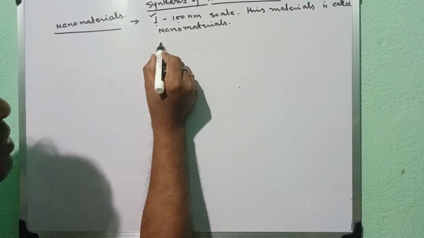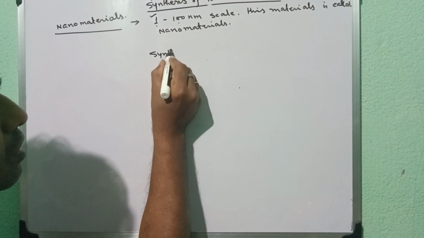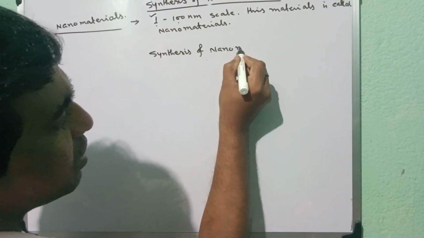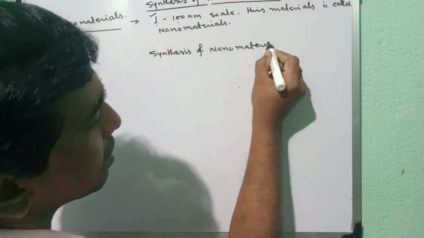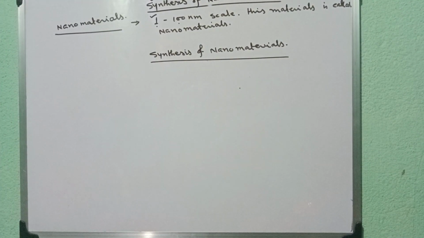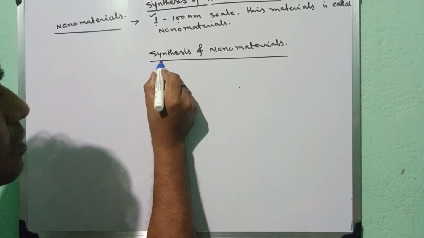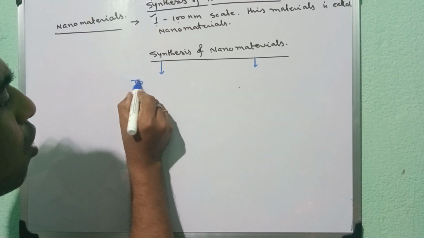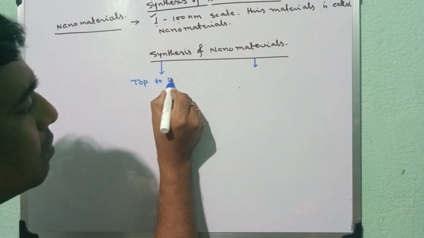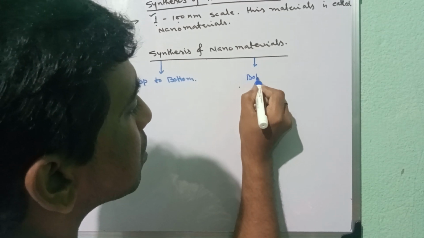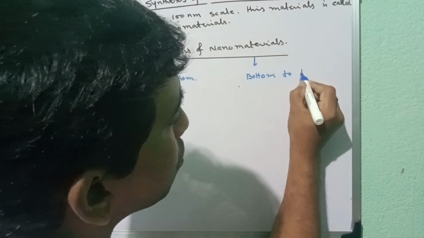Synthesis of nanomaterial means there are two processes. One is top to bottom, and another is bottom to top.